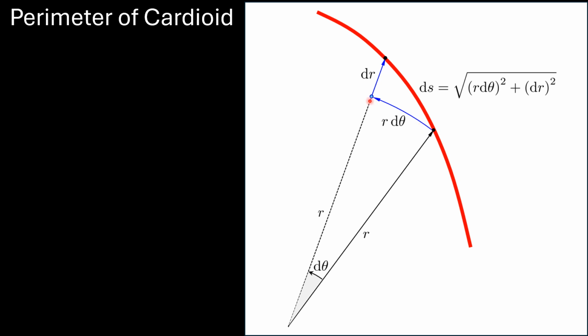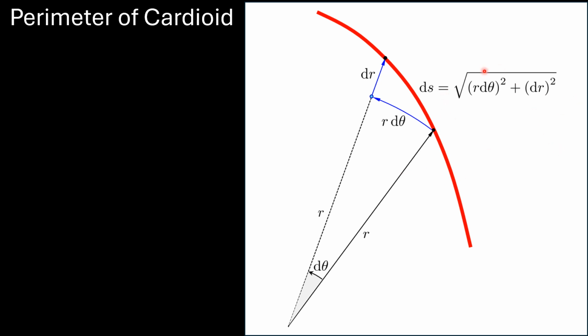But also we have a dr here, so by using Pythagoras' theorem, the infinitesimally small length here, ds, is going to be the square root of the base, which is r d theta squared, plus the square of the height dr.